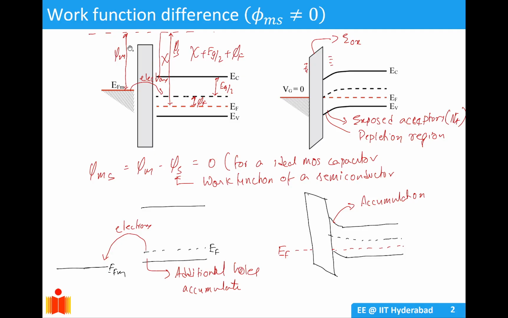First we will study work function difference. Till last week you were studying MOS capacitors where the work function of the metal and the semiconductor was the same. But now what if the work function of metal and semiconductor is different? That is, phi ms is not equal to 0.